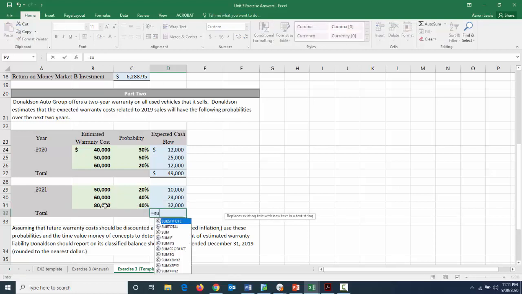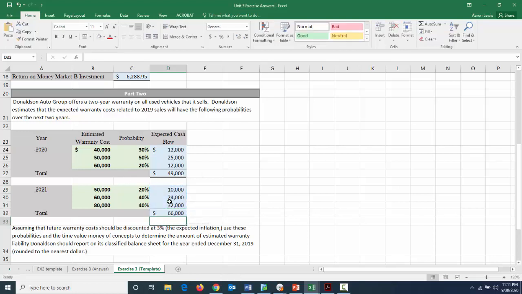And when we find the sum of those 3 numbers, we figure out that in 2021, the weighted average expected cash outflow related to paying warranties for Donaldson Auto Group is going to be $66,000.